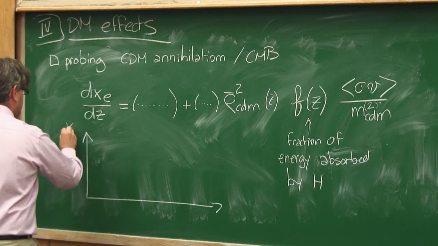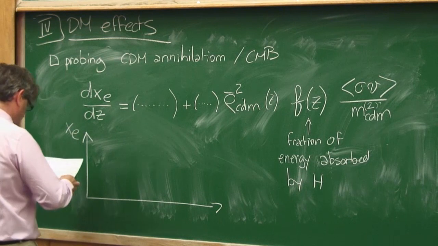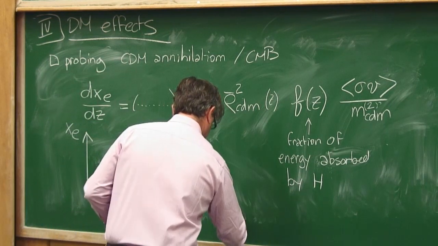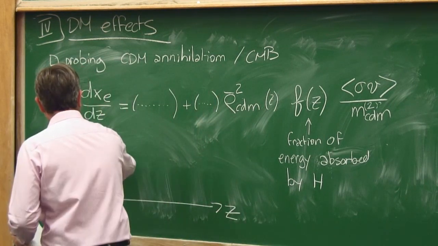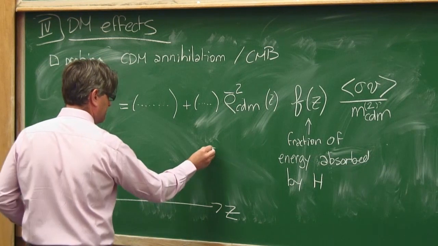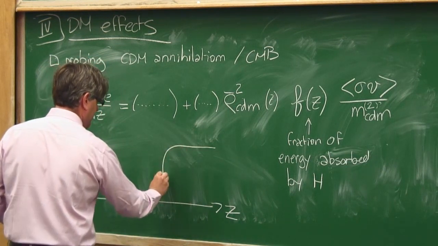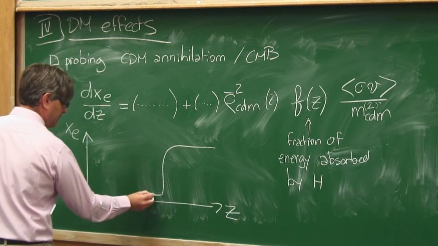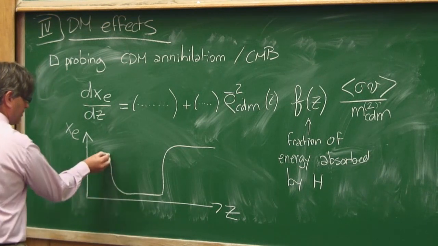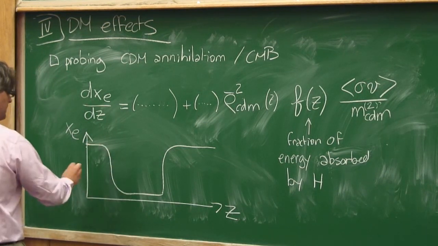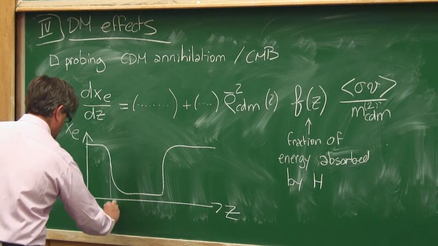Okay, if we plot the ionization fraction, in absence of this effect, it would start from 1, decay at photon decoupling, and grow again at recombination, at reionization.